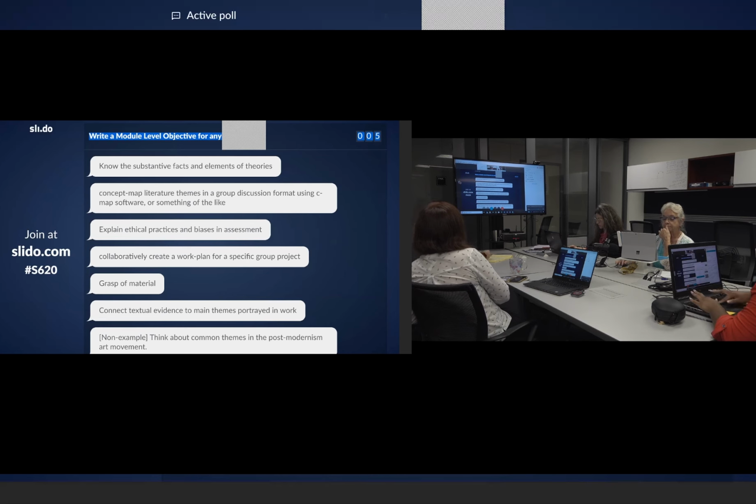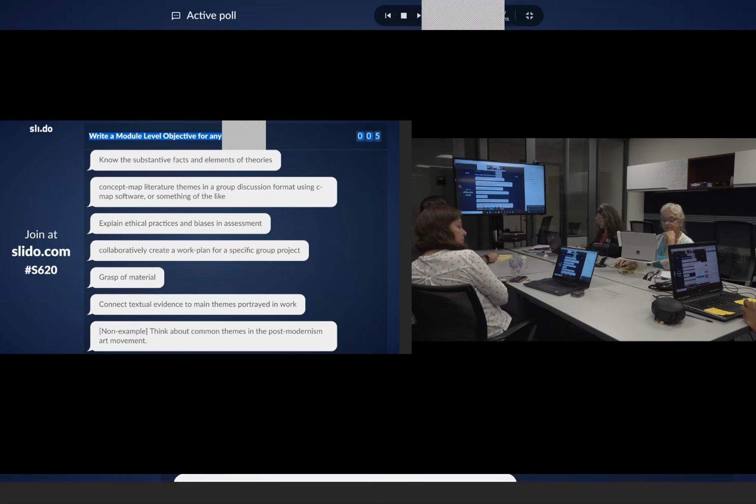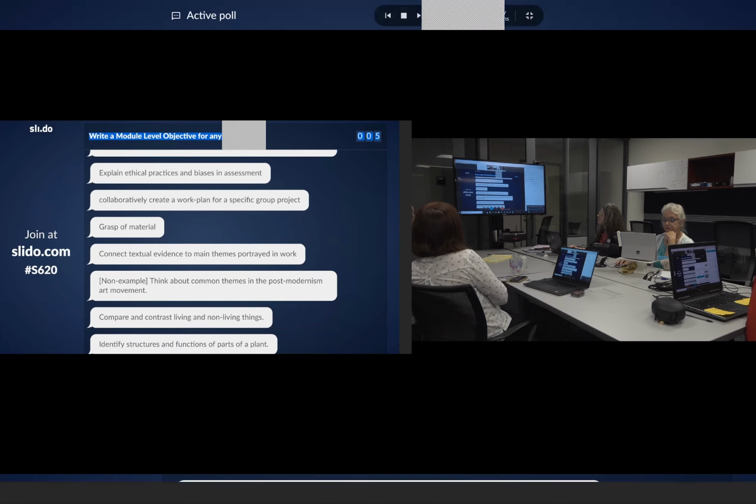Collaboratively create, we couldn't measure that. What you would do in that one would be create a work plan for a specific group project. And you would avoid the word collaboratively. You can put that in your directions. Does that make sense? There are just certain terms that are not measurable, but to make it more clear to the student, you put that in your directions.